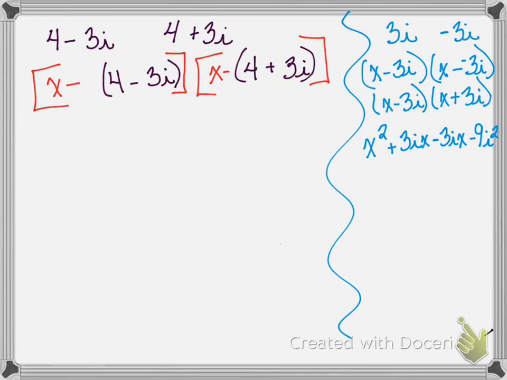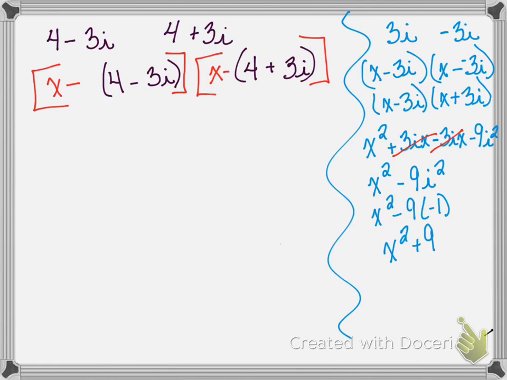So 3ix and negative 3ix, they cancel out. That's what we want to happen. So we are left with x squared minus 9i squared. And i squared is negative 1. So I have x squared minus 9 times negative 1. So that leaves me with x squared plus 9. So x squared plus 9 is my function that has solutions of 3i and negative 3i.